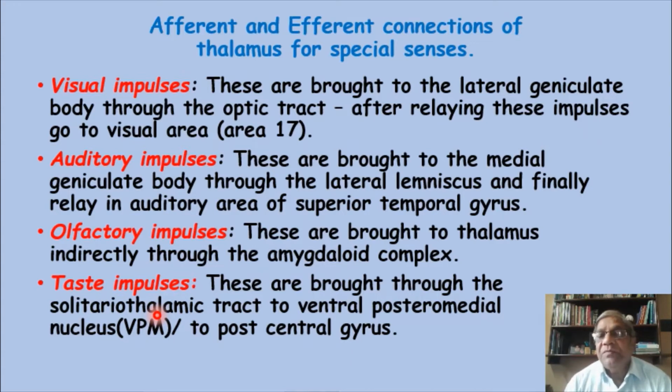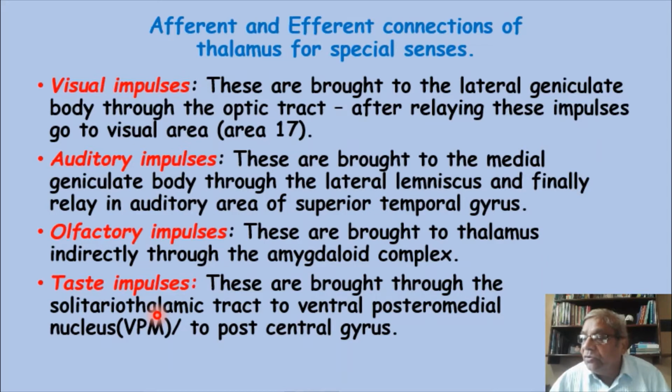Solitary means from the solitary nucleus. The taste fiber comes to the solitary nucleus, and from the solitary nucleus this tract goes to the thalamus with the help of the solitary thalamic tract, where it relays to the ventral posteromedial nucleus.